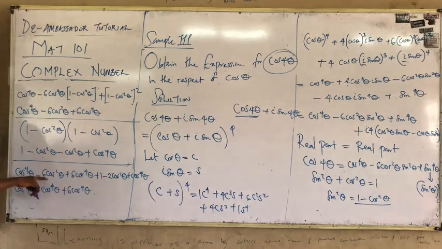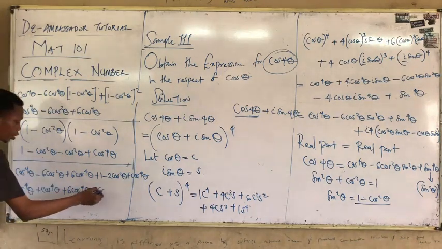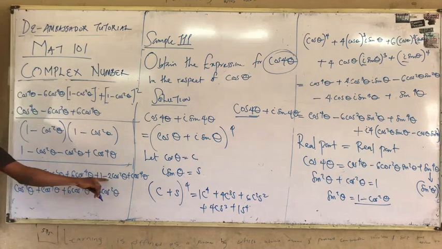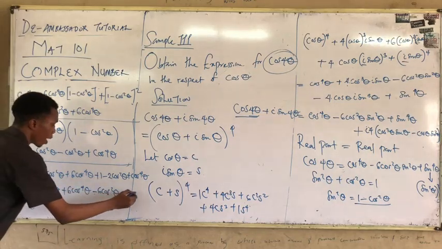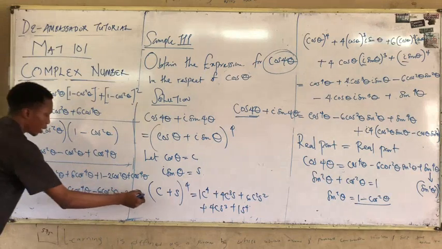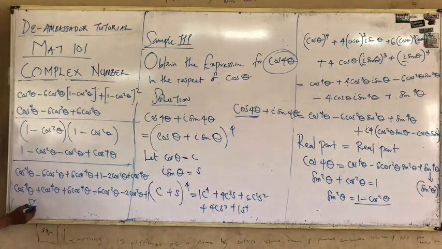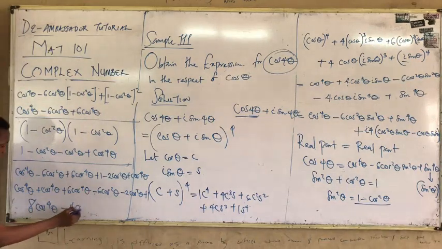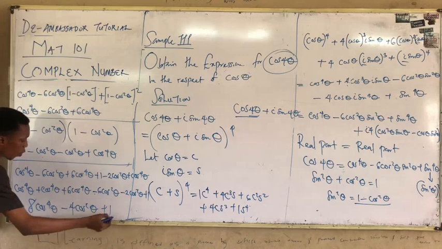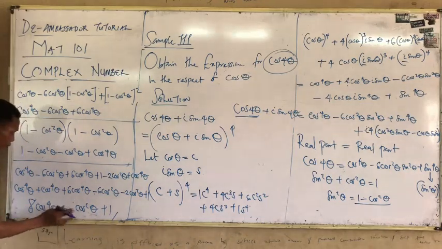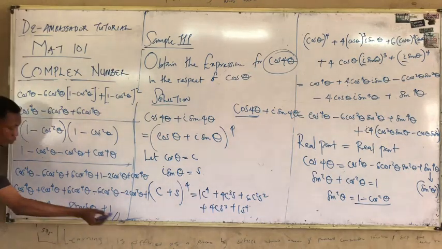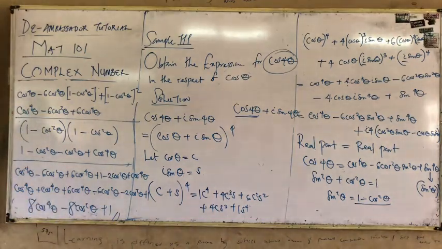What else do we have? Minus 6 cos square theta minus 2 cos square theta, then plus 1. What's your answer, everyone? This is 8 cos 4 theta minus 8 cos square theta plus 1. So this is how they solve it.